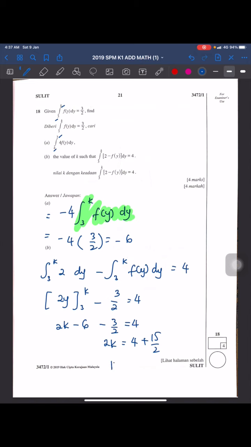So 2k equals 23 over 2, and k equals 23 over 4. Okay, so that's it for question number 18. Should be no problem. The question is rather straightforward.